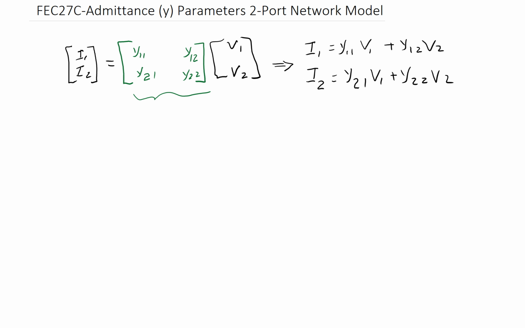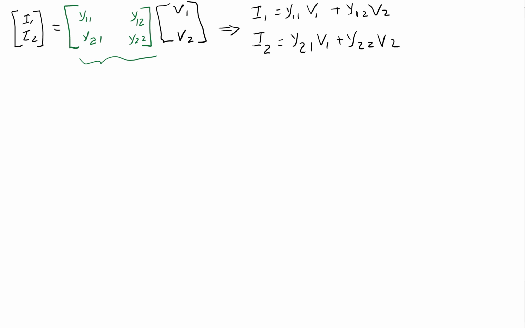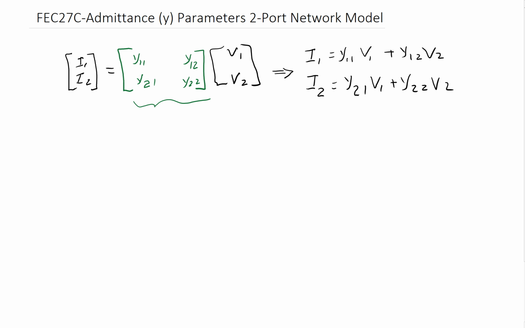When somebody gives you a circuit to analyze and write the Y parameters for, you always use the simplest way you can. Because of the way the equations are set up here, you assume that port 1 is shorted. That tells you that V1 equals 0.